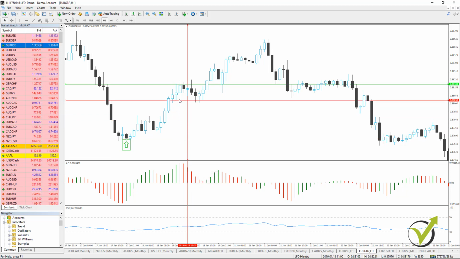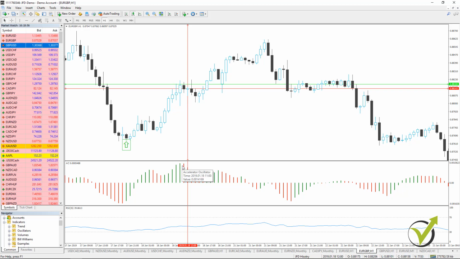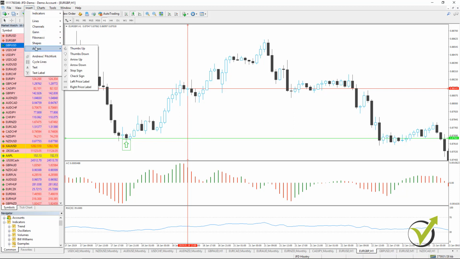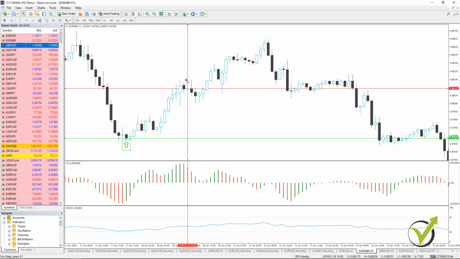So I will move it right over here at this bar. You can see a smaller bar from the accelerator oscillator, and then right here we will have a short entry. We will have the take profit lower. I will place it exactly in its place, but let me place the arrow. I will need an arrow down right here.